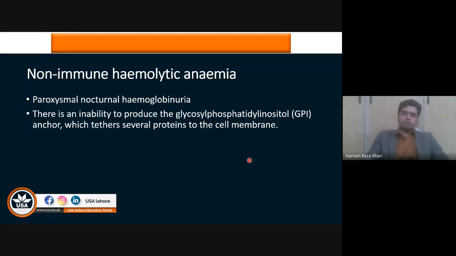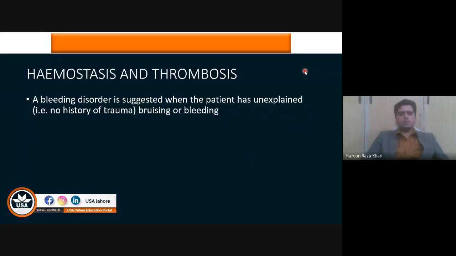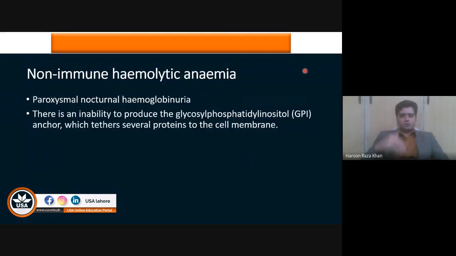Apart from that, bone marrow transplants have also been seen to show some success in selective types of patients. So this was about the main type of non-immune hemolytic anemias.